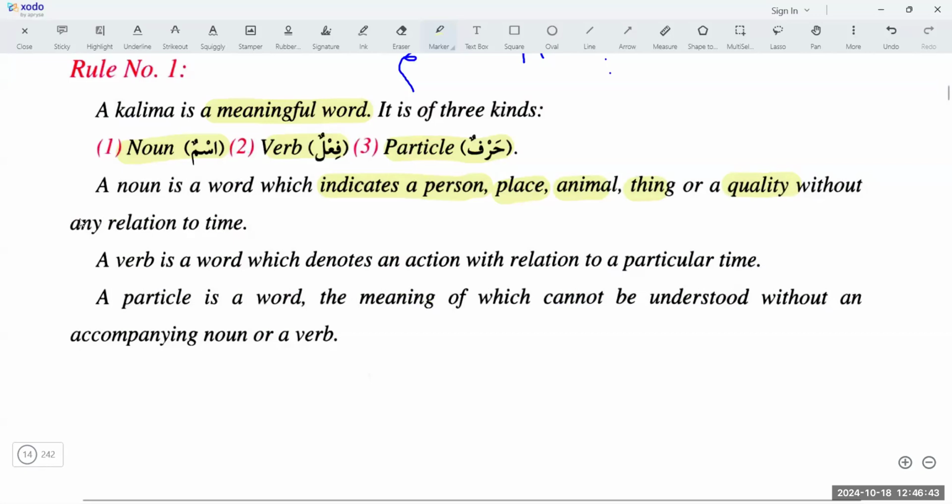Without any relation to the time. There is no time relation with the ism. Time relation is only with the verb.